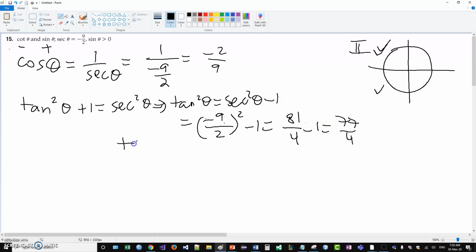That means tangent, which is the square root of that, equals plus or minus square root of 77 over 2. And since we're in the second quadrant, the tangent will be negative.